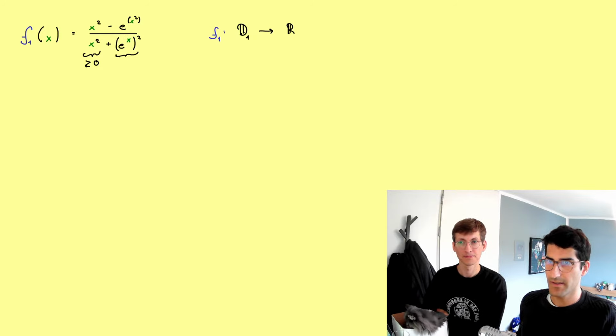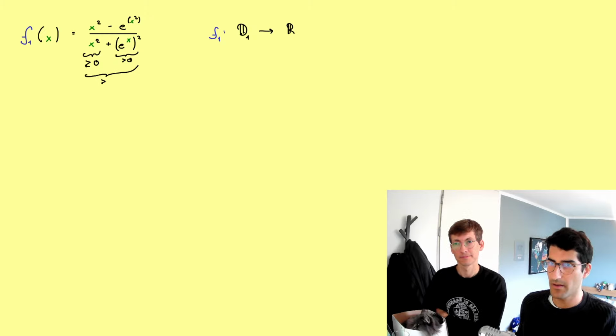This is one property of the exponential function that we use here. Even if we plug in a negative number, for example, for x, we will get a strictly positive result here. And the sum of a number that is greater or equal than 0 and one that is strictly greater than 0 will always be strictly greater than 0. And in particular, it will never be 0. So we don't have a problem with the denominator in this case.